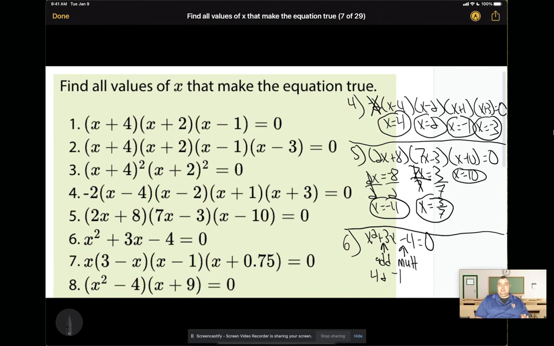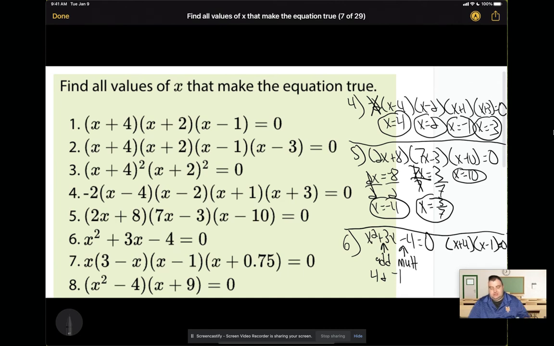All right, and if you're not sure, just check. Is 4 plus negative 1 equal to 3? Yes. Is 4 times negative 1 equal to negative 4? Yes. So the two numbers are 4 and negative 1, which means my factors are going to be x plus 4 and x minus 1.